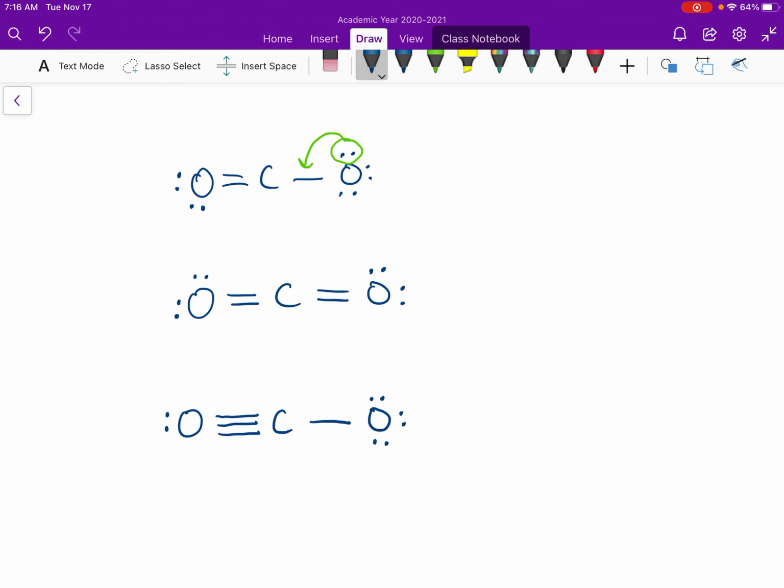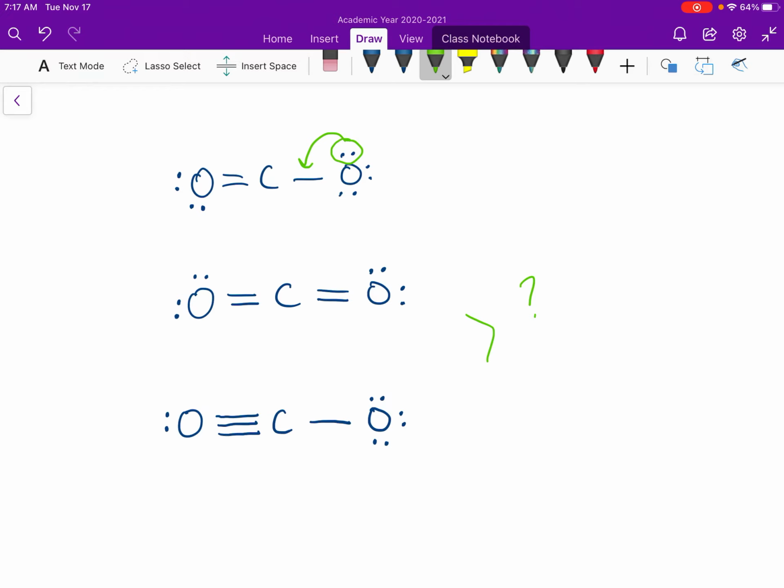So you could have had a triple bond here and a single bond here, and that would completely satisfy the rules. So the question becomes, which way does it actually exist in the world? Because both of these structures are legal Lewis structures. We have followed the rules. Everyone's happy. Everyone has 8.